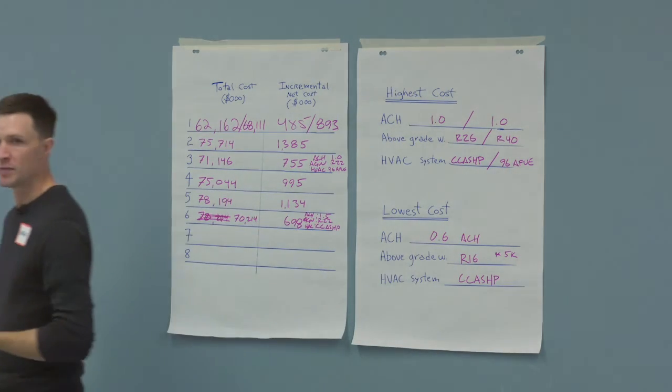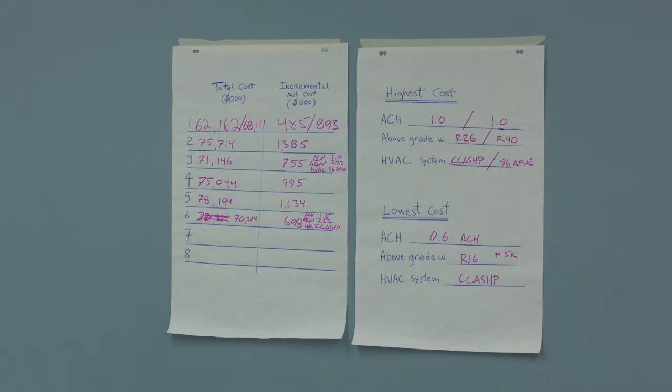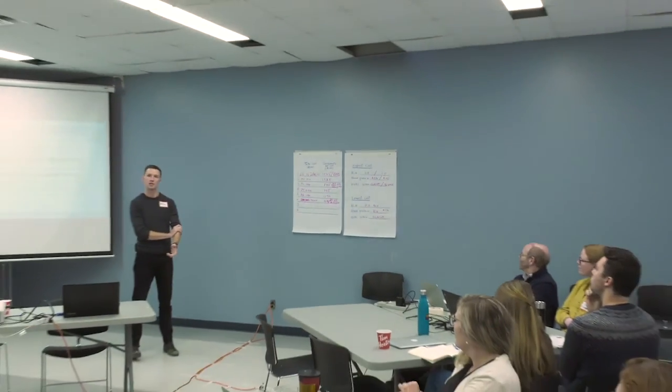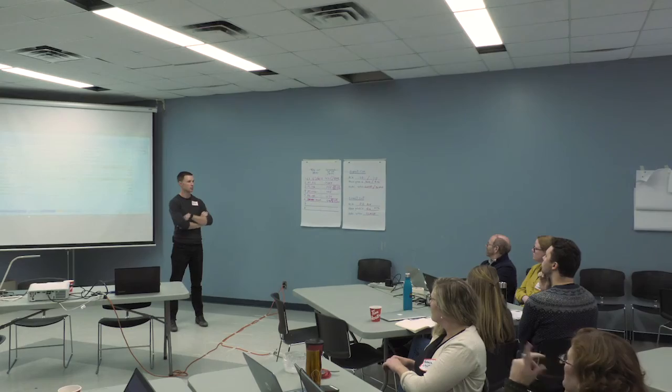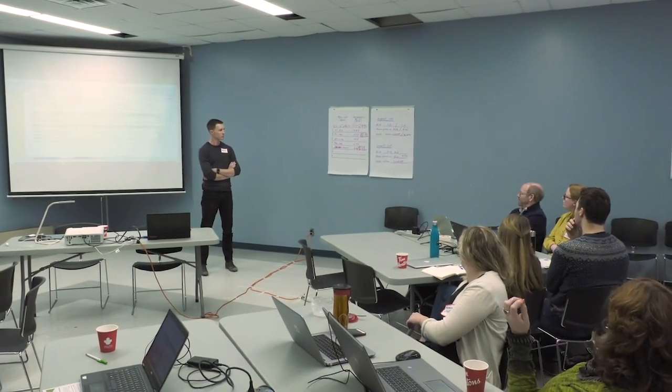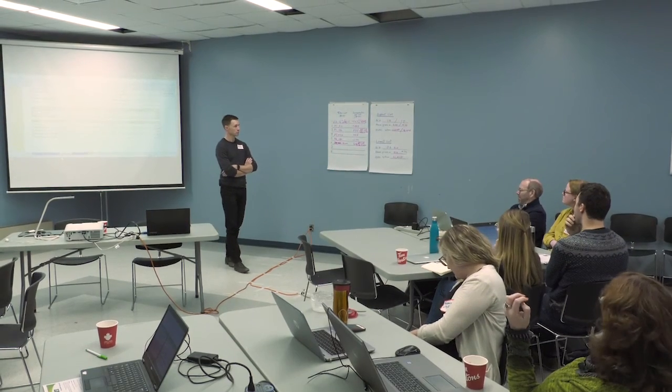Just generally speaking, was anyone surprised by any of the solutions that the tool offered today? Maybe a situation where you thought, oh, I didn't expect it to tell me that. Anybody have anything that really jumped out? Higher air tightness. I thought they would all be tighter. Right.